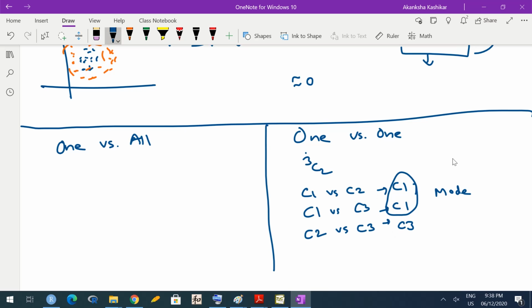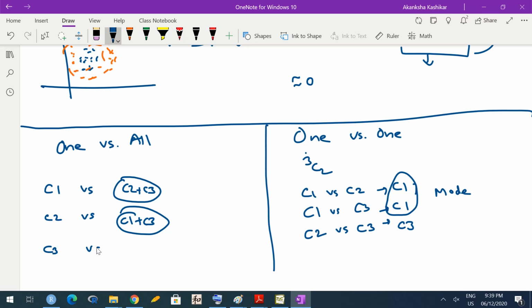On the other hand, in 1 versus all, we put C1 versus C2, C3 considered as one class. Then we put C2 versus C1, C3 as another class. And then we put C3 versus C1, C2 as one class. So 1 versus everything else. And here we can order the probability of it going to C1, C2 and C3.